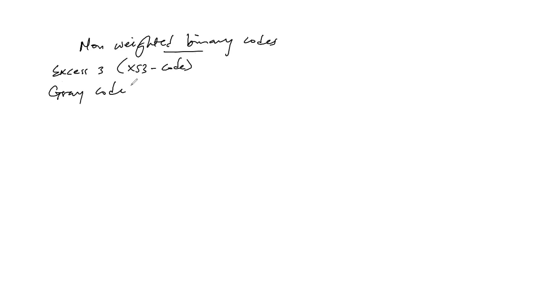So when we consider the excess-3 code, it's a special type of BCD code, except that each 4-bit group in the excess-3 code is the same as a specific decimal digit. And the excess-3 number is always 3 more than the 8421 BCD code.